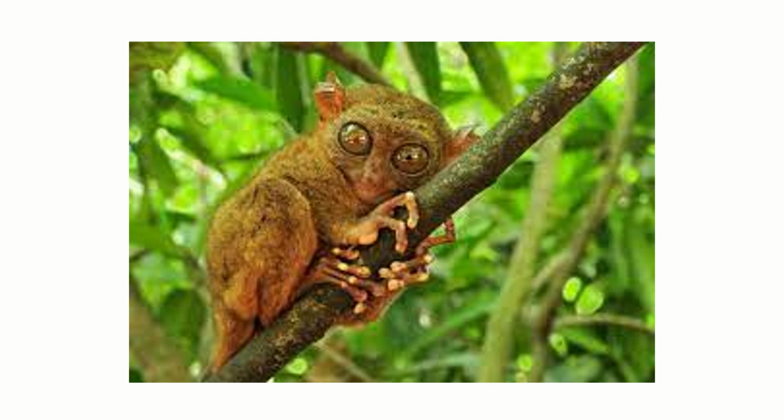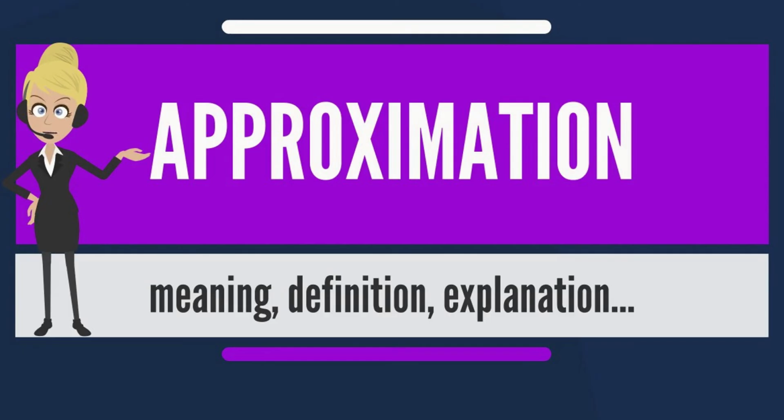So, when we want to know the measurement of a tarsier, how tiny it is, we cannot just go near it and use a ruler, even if we were asked by our teacher to measure a tarsier. So what we usually do, though we are at a distance, is use a skill called approximation.